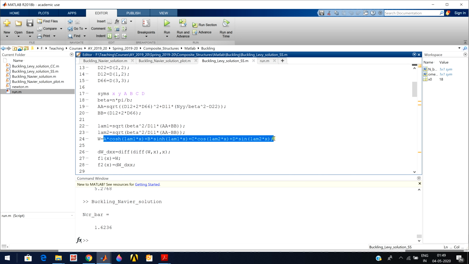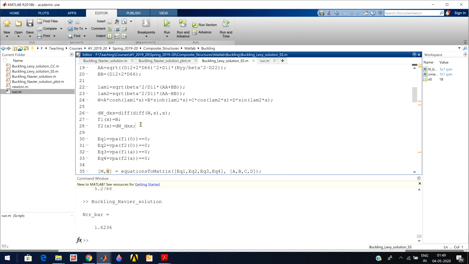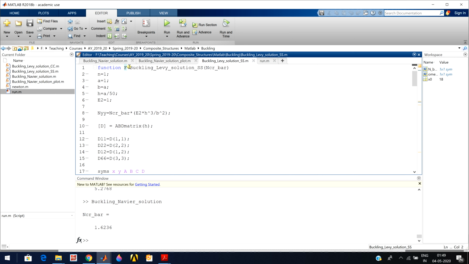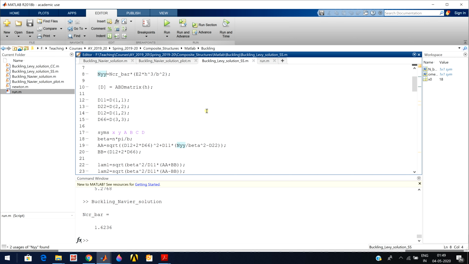And then the boundary conditions for simply supported on these two will be 0. So you get 4 equations, and then the determinant is the f, which has to be taken out for this Newton-Raphson. So here the input is the non-dimensional m critical, and then we dimensionalize here, and then put it in these formulas.